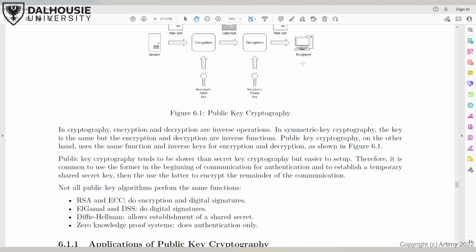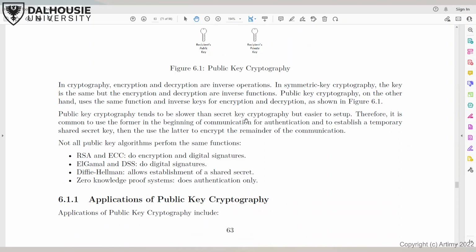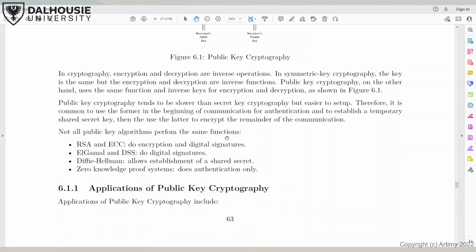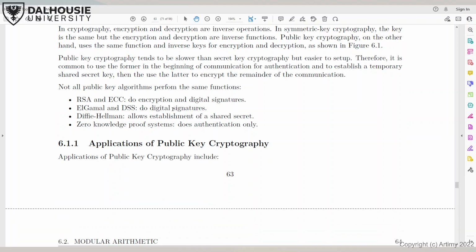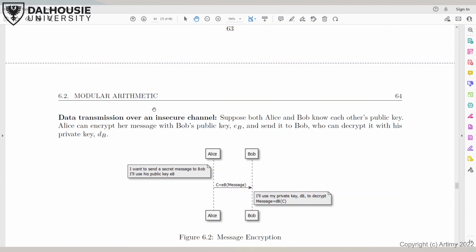Okay, so let's look at some of the applications now. Similar to secret key cryptography, the main application is to secure information over an insecure channel.